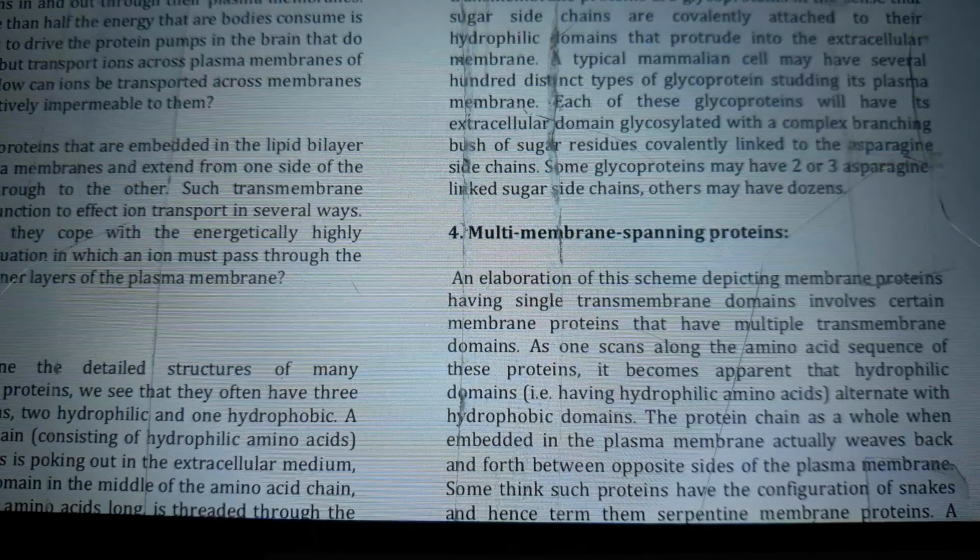Glycoproteins. Number 3. For reasons that are not well understood, many transmembrane proteins are glycoproteins in the sense that sugar side chains are covalently attached to the hydrophilic domains that protrude into the extracellular membrane. A typical mammalian cell may have several hundred different distinct types of glycoproteins studding its plasma membrane.